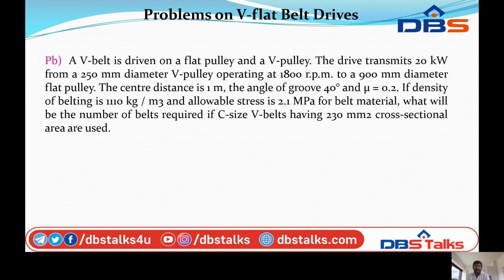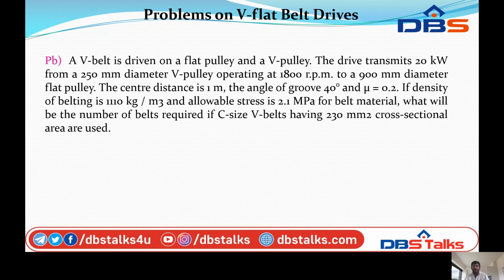If the density of the belt is 1110 kg per meter cube and the allowable stress in the belt material is 2.1 megapascal, what will be the number of belts required if C size V belts having 230 mm square cross-sectional area are used?